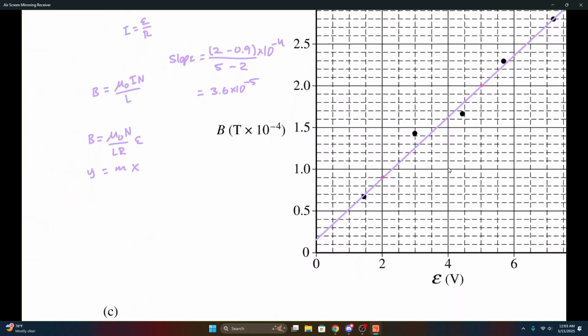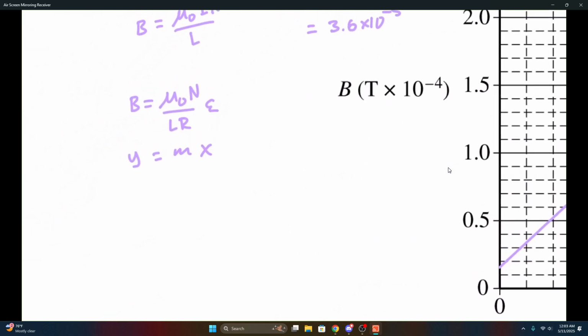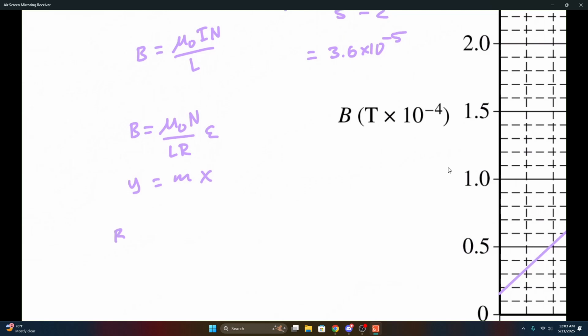Okay. Now we solve for R. R equals 4 pi times 10 to the minus 7 times the number of loops, 100, times the length, which is... plug that into a calculator.